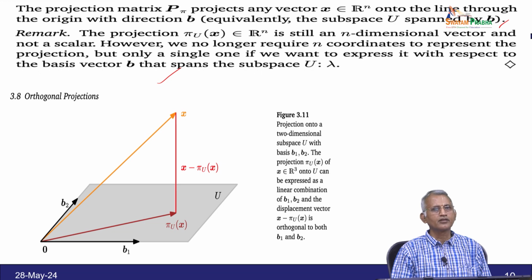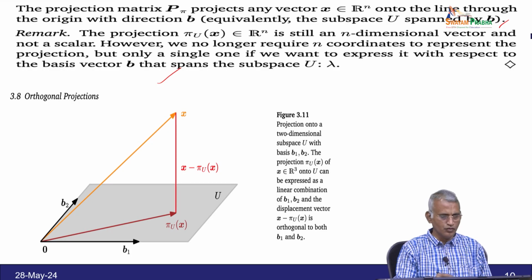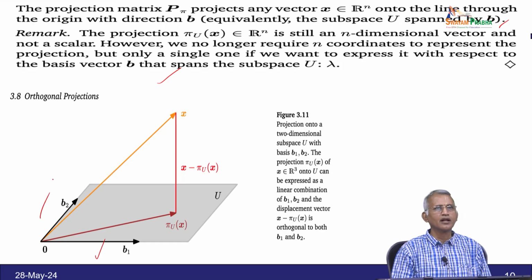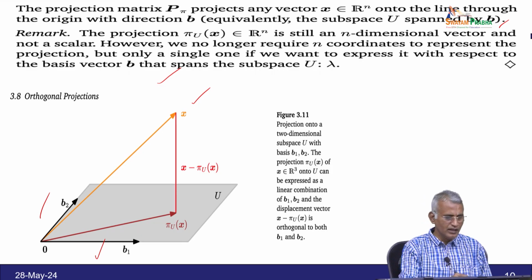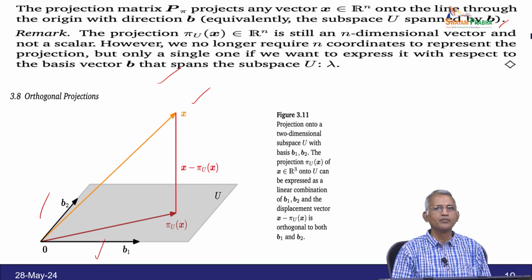So, the orthogonal projection onto a two dimensional subspace is represented in the figure and we have two bases B1 and B2, right, and then based on the B1 and B2 basis we have a projection pi u of x, where x belongs to a three dimensional space and can be expressed as a linear combination of both the basis vectors B1 and B2.